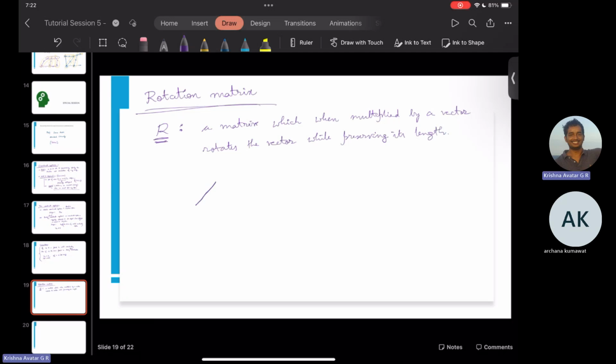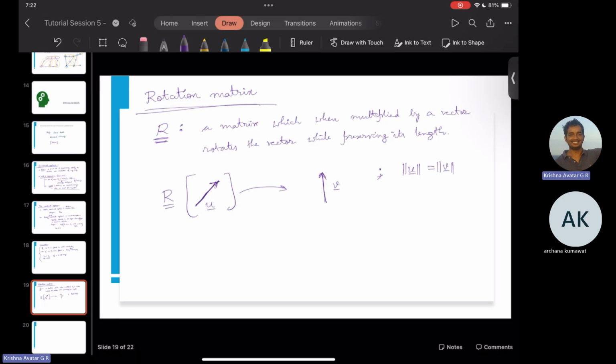So you have, say, this vector here, some u vector. When we apply this R matrix on it, it will lead to some vector V, such that the length of U vector is the same as V vector.